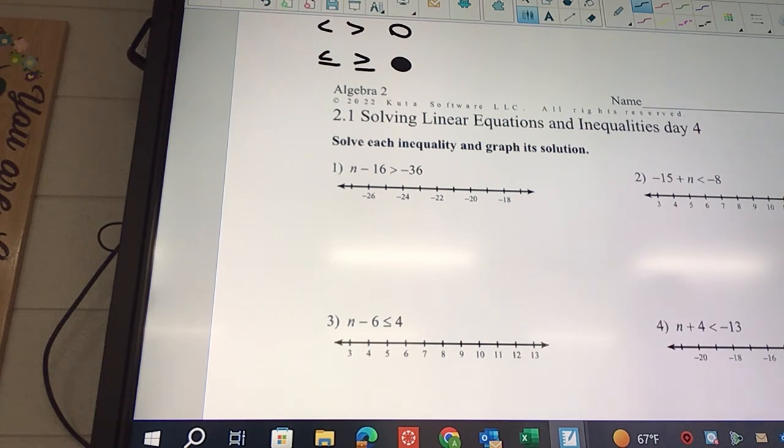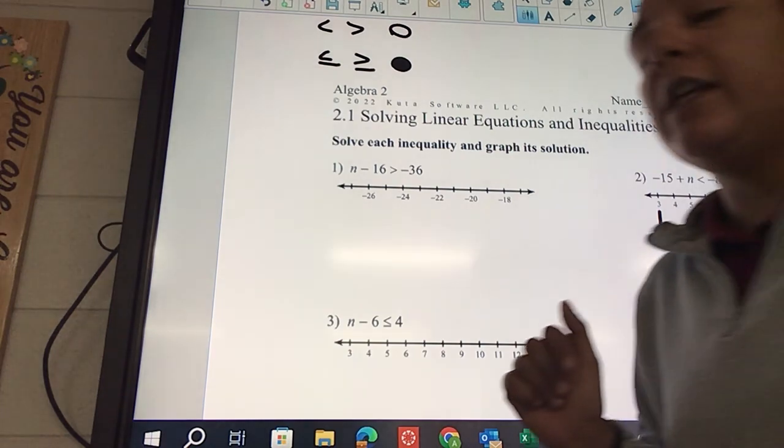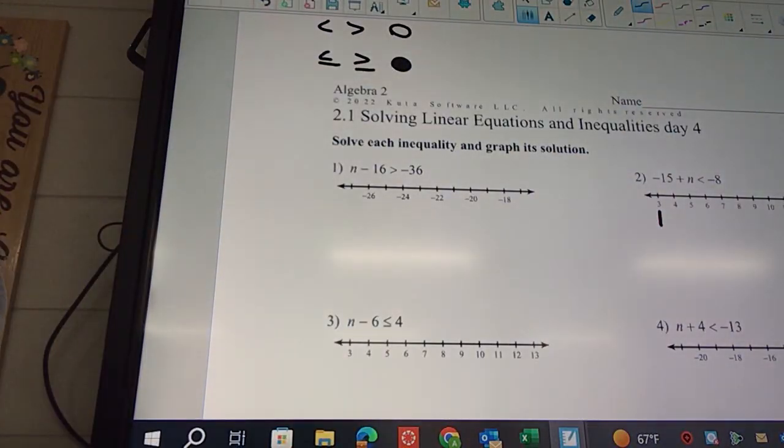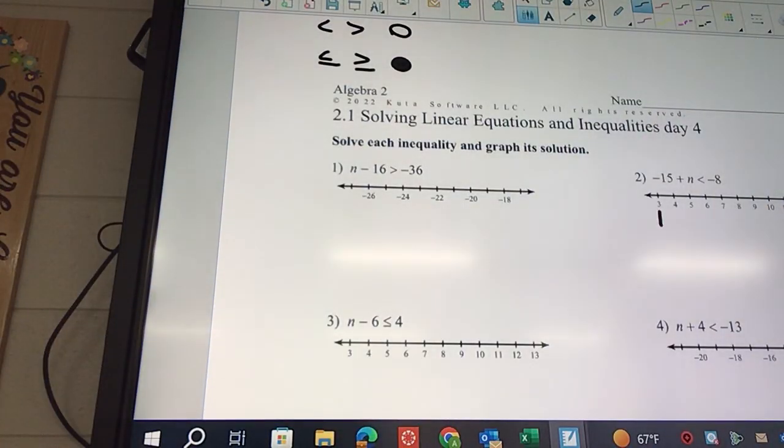Now, one thing I want to say, if we look here, look at number 2. It goes from 3 to what? 3 all the way to 13. So if you get an answer that is not 3 to 13, then is yours right? No. So this does kind of narrow it down a little bit for you.